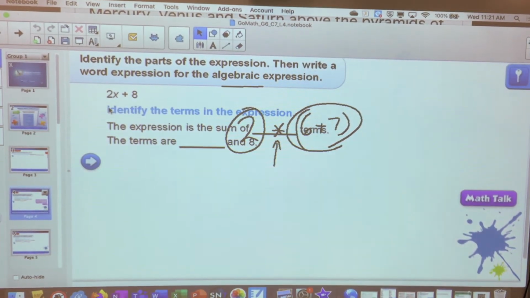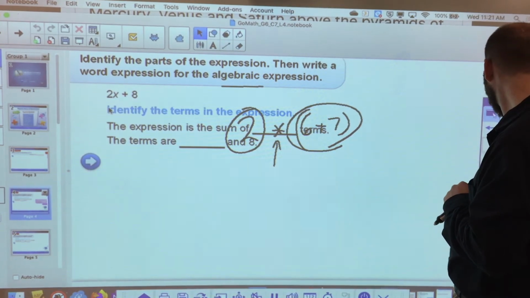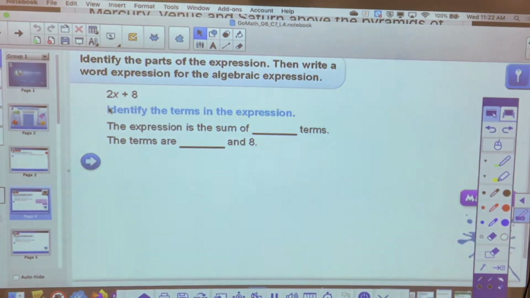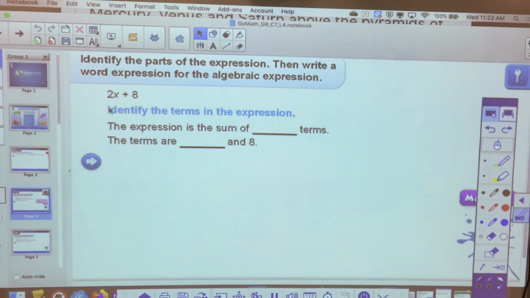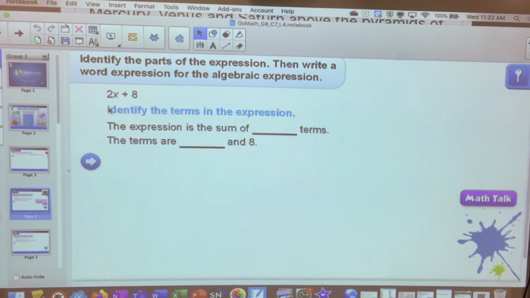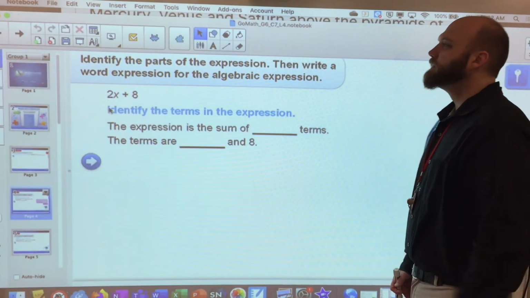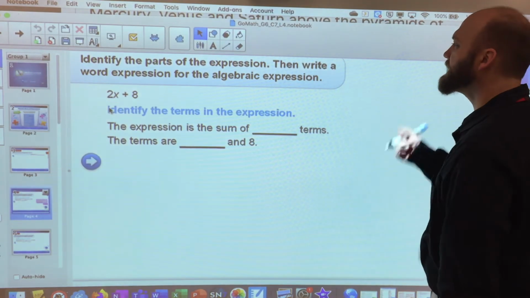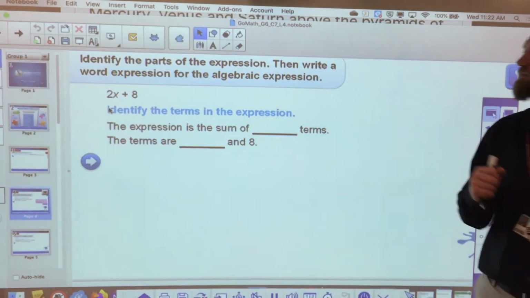Identify the parts of the expression, then write a word expression for the algebraic expression here.